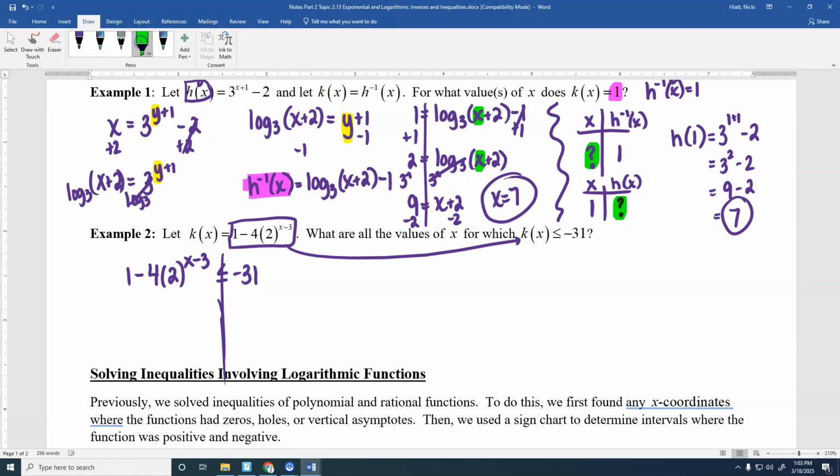So if I'm trying to solve for that x right there, Enrique, what would we do first? Very good. Subtract 1. So I got negative 4 times 2 to the x minus 3 is less than or equal to negative 32. All right. Hayden, what do you think we'll do next?